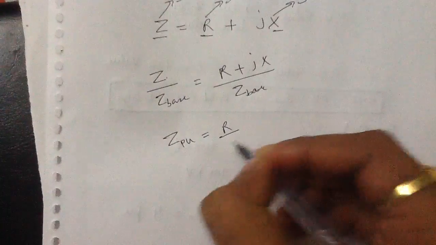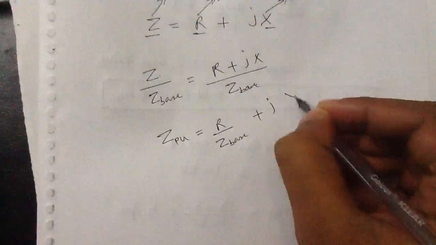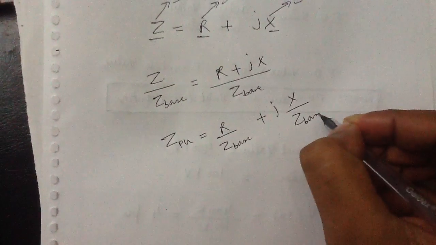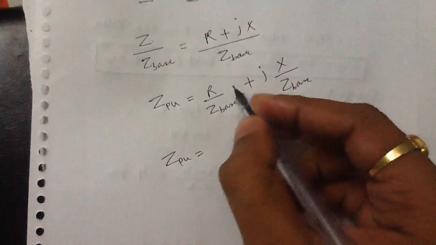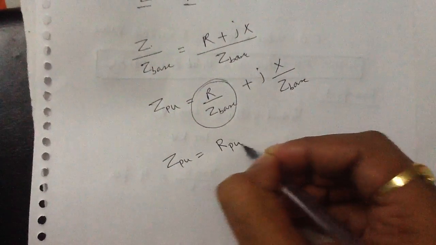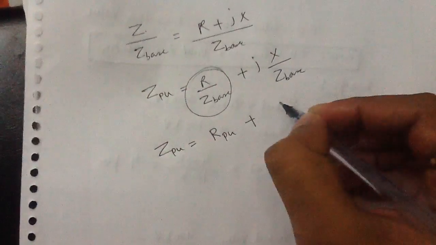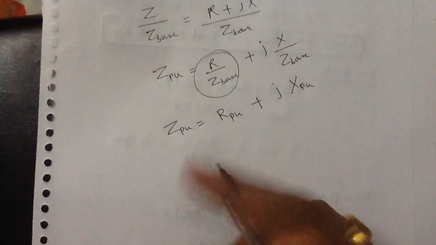If you solve this equation, you will get R upon Z base plus jX upon Z base. So the per unit value of the impedance is written this way: the per unit value of the resistance plus j the per unit value of the reactance.